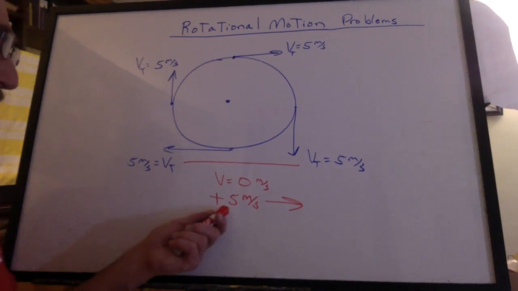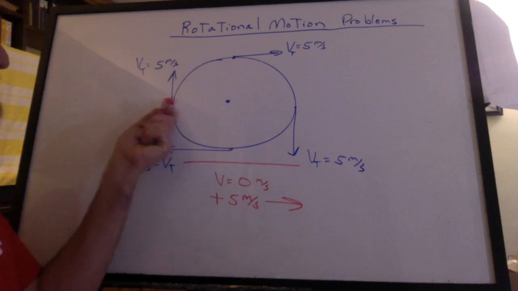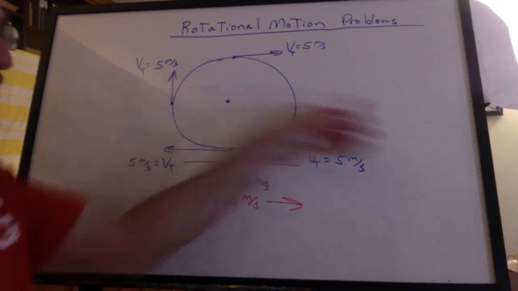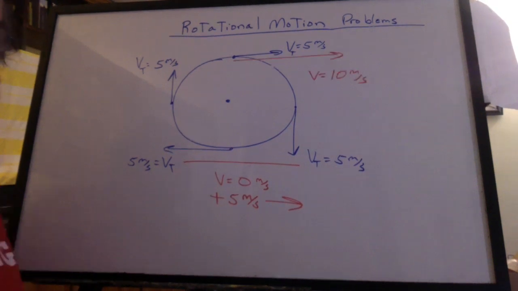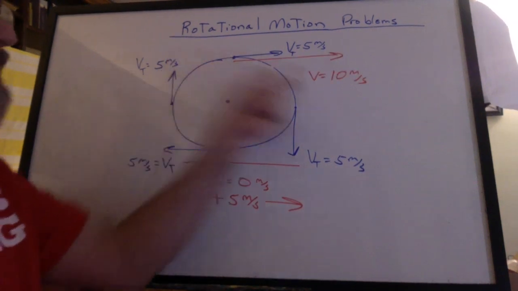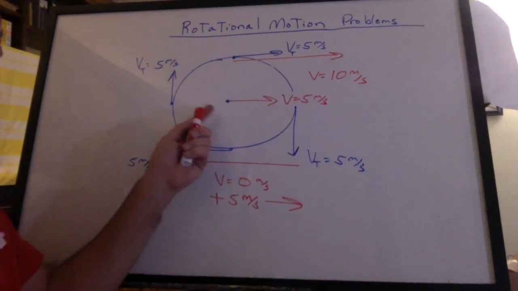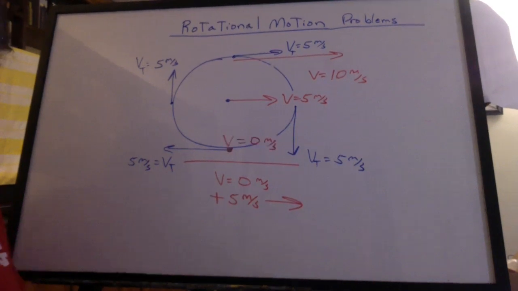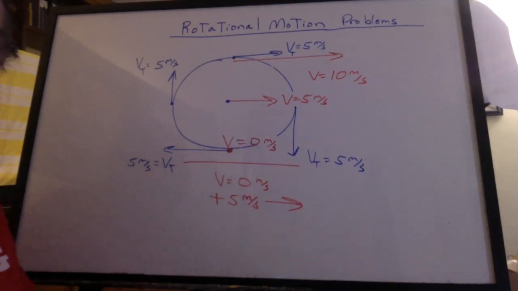That means I have to add 5 meters per second to the entire wheel. That means this point, and this point all now have to have an extra 5 meters per second going forward. That means the top of the wheel has to be going 10 meters per second relative to the table. The center of the wheel will be going 5 meters per second, and the bottom of the wheel will be going 0 meters per second relative to the table.